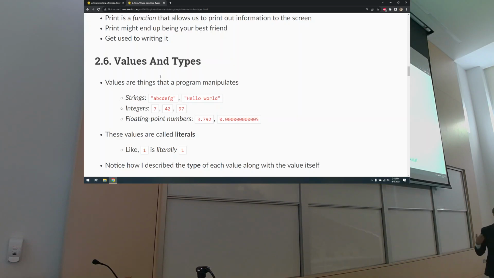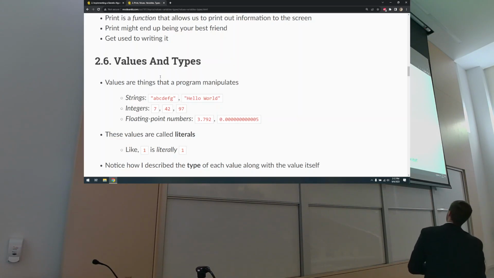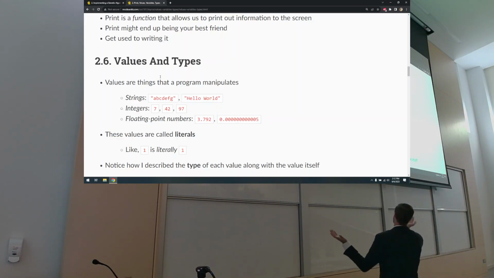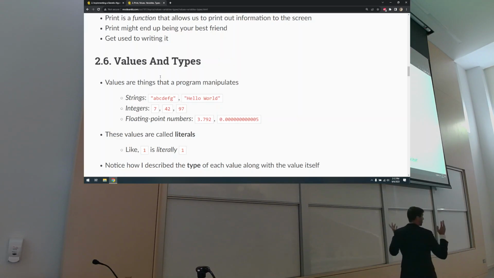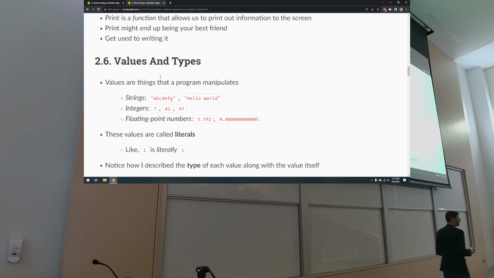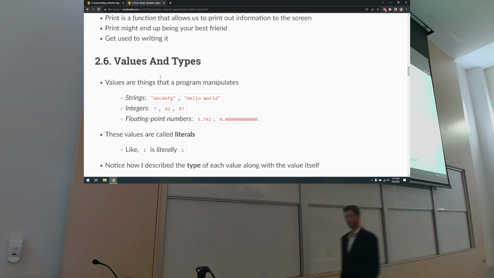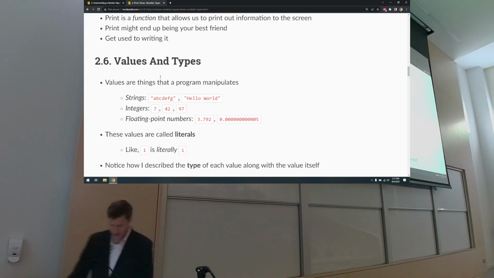And then there's also things we call floating point numbers, which is just a fancy way to say it's got decimals. So floating point numbers, 3.792 and 0.0000, whatever that is, 5. So right now we've seen 3 types: strings, integers, and floating point numbers. Let's see what happens if we play with a float. Real quick, see how it reacts.